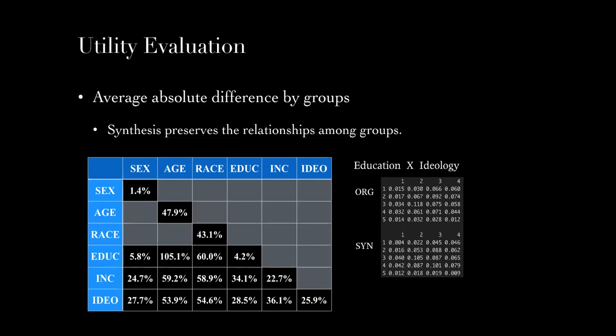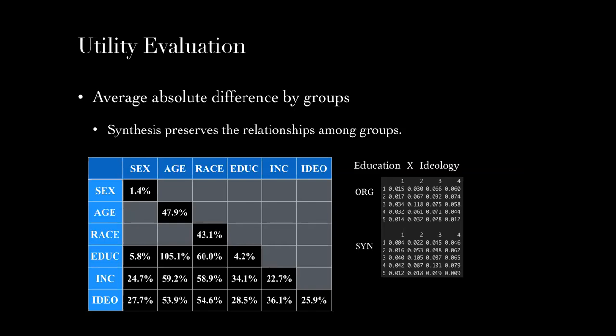After the group comparisons, I calculated the average absolute difference between the groups. The calculation is we plot the tables between two variables, take the difference, and then take it over the original proportion, to calculate to what extent the groups in the synthetic data set have deviated from the original ones.